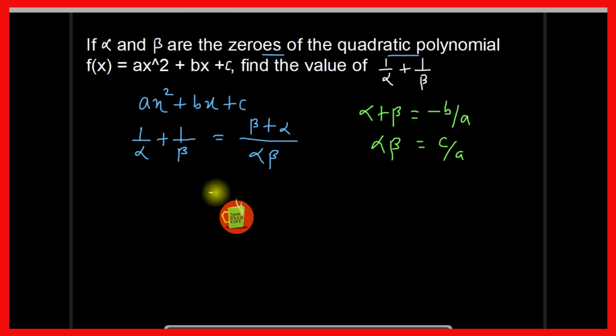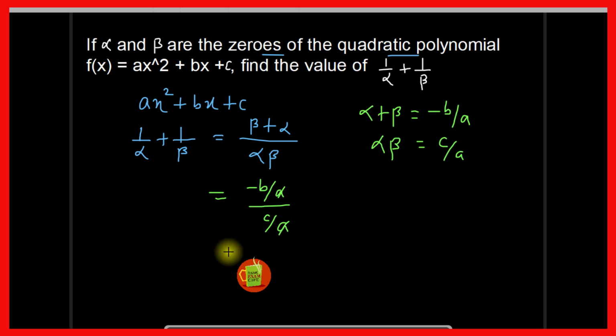Put these values here and you will get the sum of the roots, minus b upon a, upon alpha beta, that is c upon a. So this a and a will get cancelled and it will be minus b upon c, and therefore 1 upon alpha plus 1 upon beta is equal to minus b upon c.